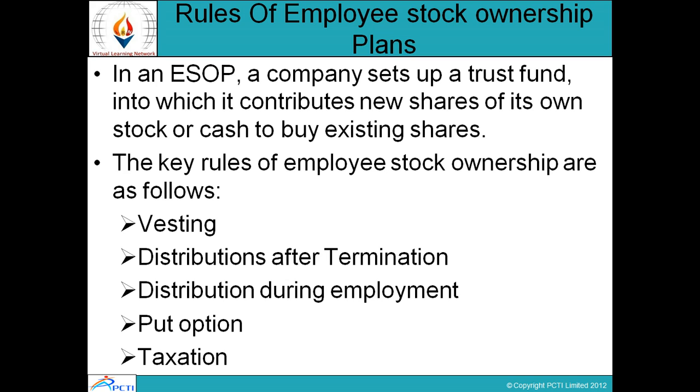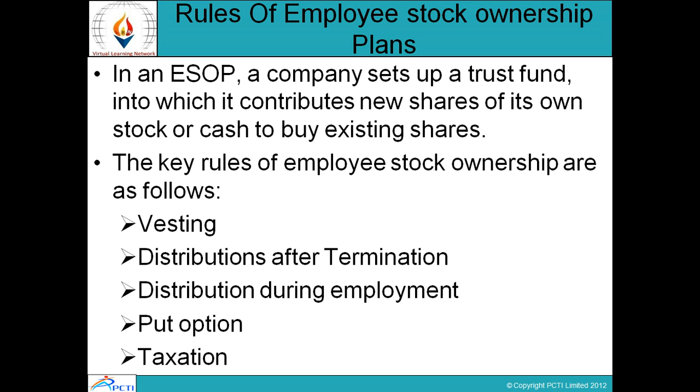Another is distribution during employment. So employees may diversify their account and receive cash or stock directly. Here employers may choose to pay dividends to a participant who is at least a 5% owner after the age of 70.